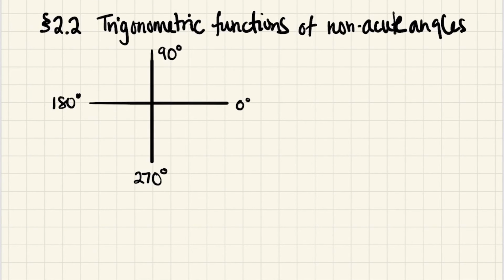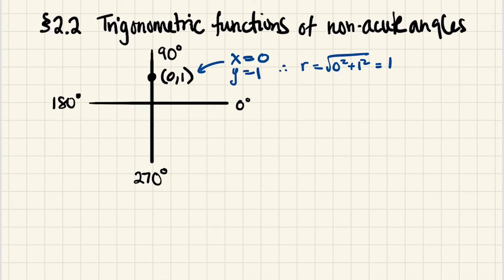The way we evaluate trig function values at those angles was merely selecting a point, for instance this point right here, and assigning, say, x equals 0, y equals 1, and evaluating r, which turns out to be 1. And so now you can see, for instance, that sine of 90 degrees, which you know to be y over r, is 1 over 1, which is 1.